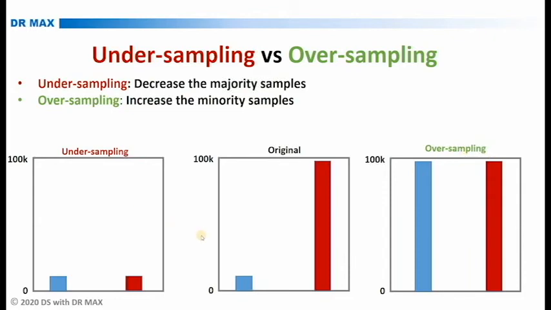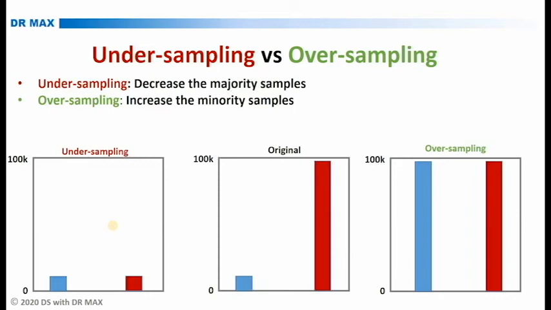However, the other option is that we decrease the number of the red samples so that the number of blue and red samples are equal. This dataset on the left also is not imbalanced because we have reduced the number of the majority samples.